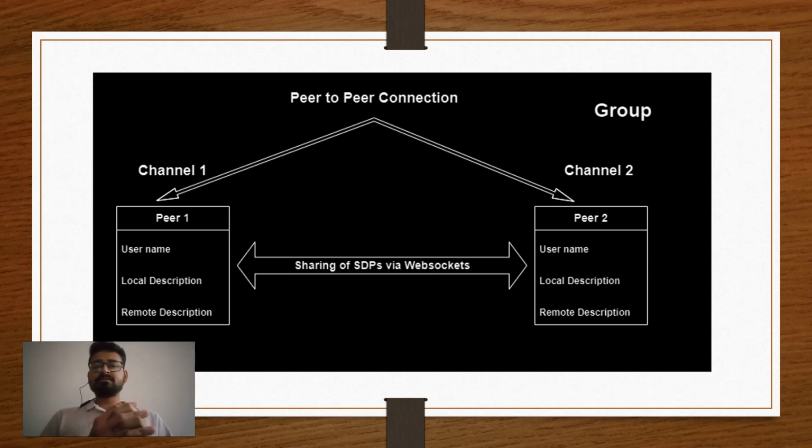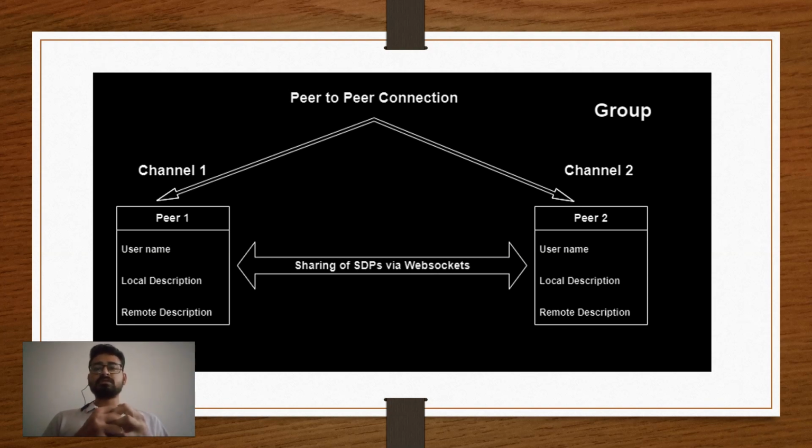So that is that person's remote description for you, and your phone number is your local description. It is as simple as that, right? But to call each other, you should know the phone numbers, right? So your phone number is your local description and his phone number is your remote description.